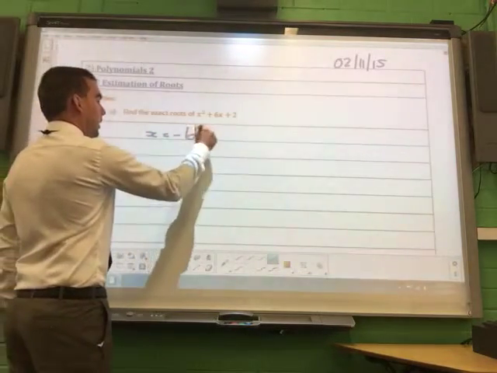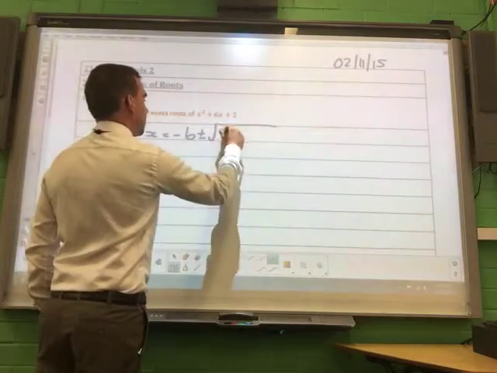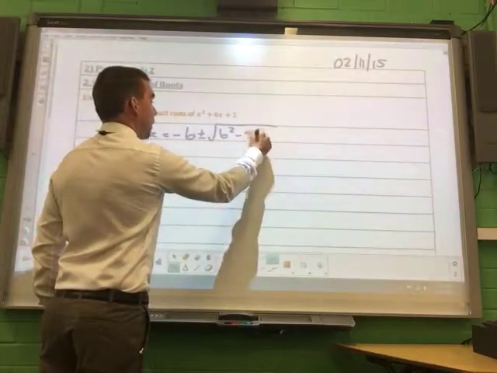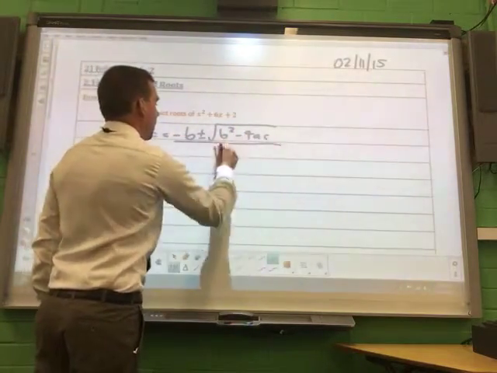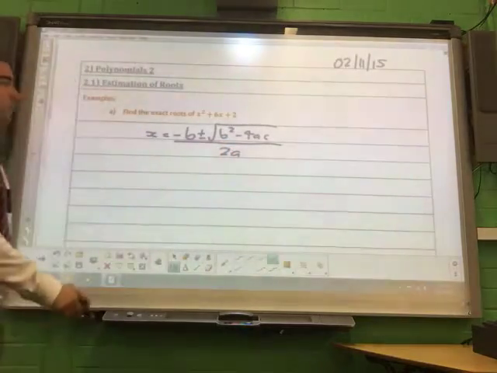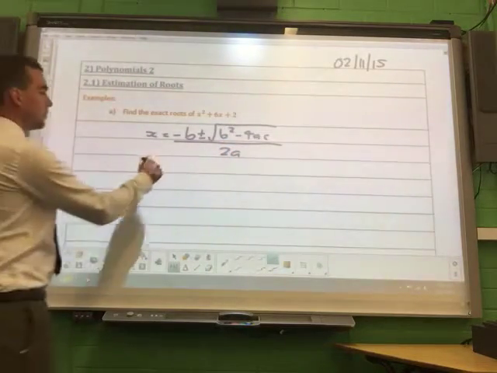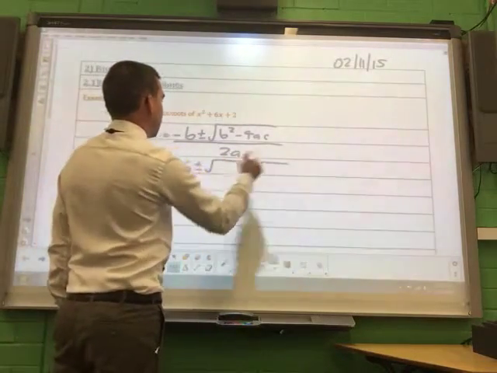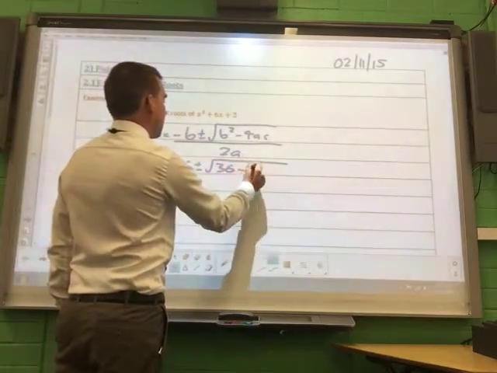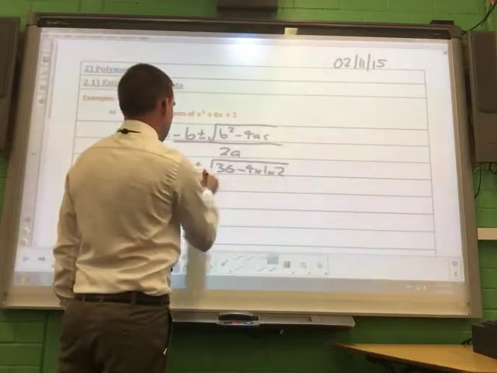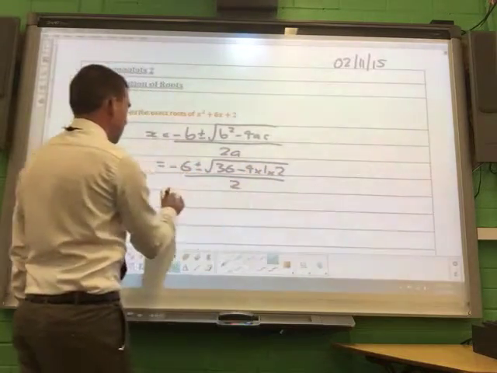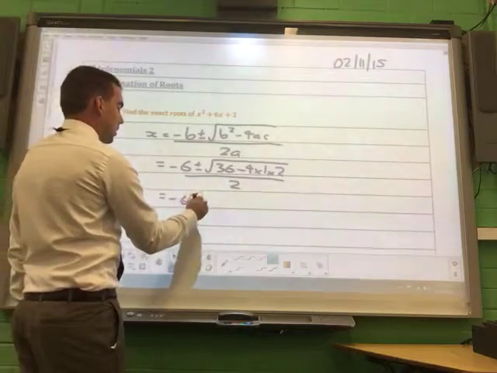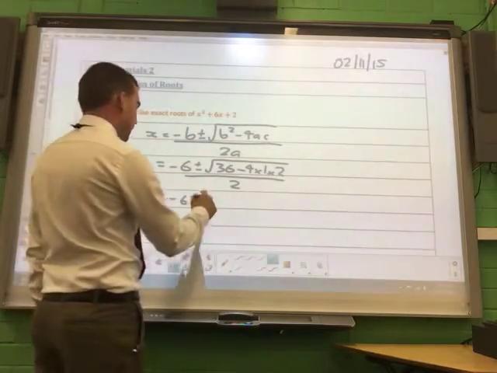Negative b plus or minus the square root of the discriminant, all over 2a. So this is from memory of the formula. Minus 6 plus or minus the square root of 28.